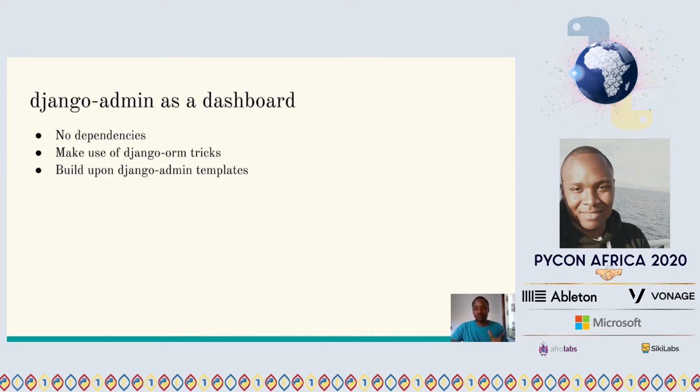You need to display simple charts, or a simple time series. And with Django ORM, you can actually create those aggregations, those summaries, easily, and with Django-admin, you can display them, right? So that's why I'm talking about Django-admin as a dashboard.